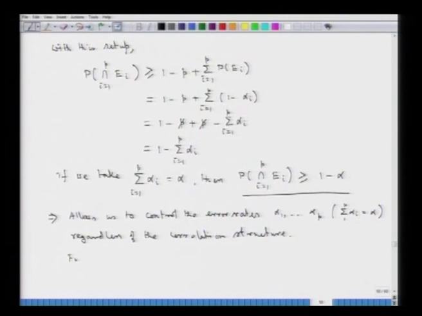Furthermore, we have a flexibility actually.